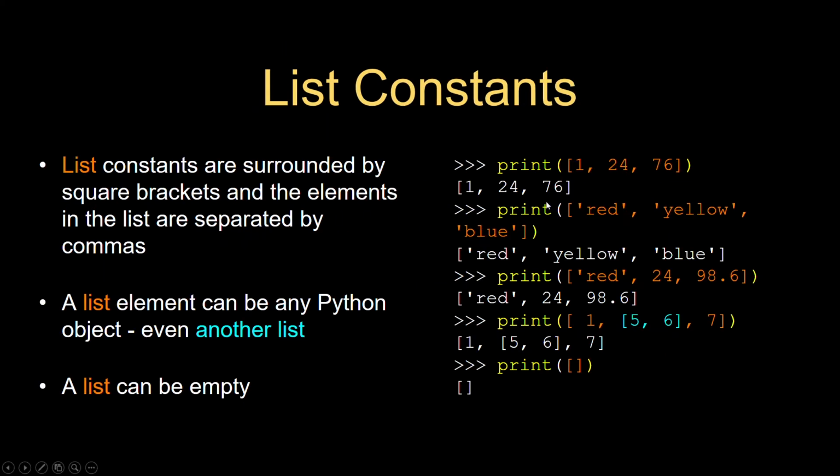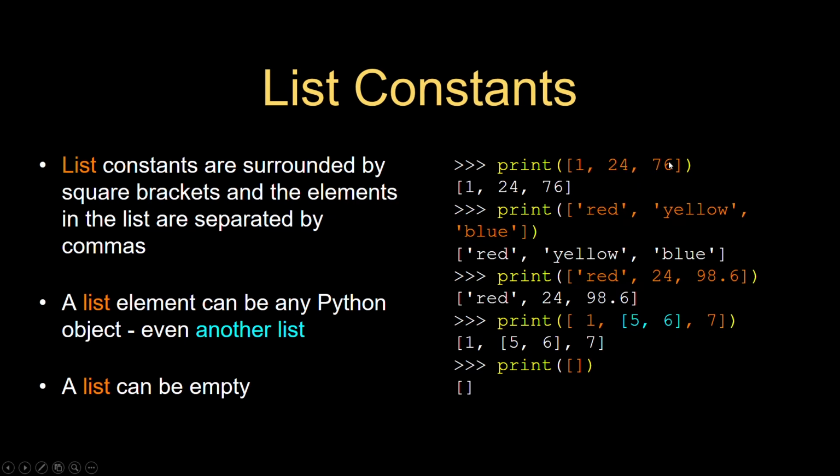Here are a few other examples. A list can have a name, but sometimes a list may not have a name. If we do have a name, then we can use it in future. For example, in the first line here, as you can see, inside the print parentheses there is a square bracket and then 3 items separated with commas.